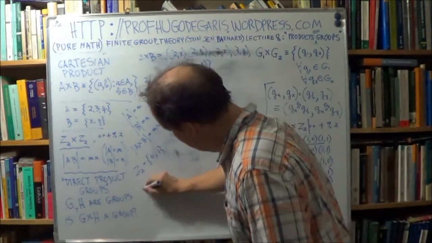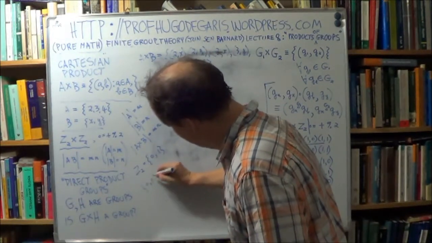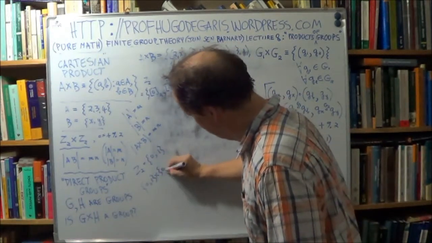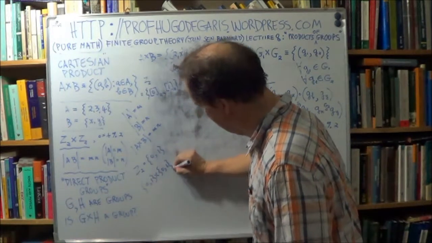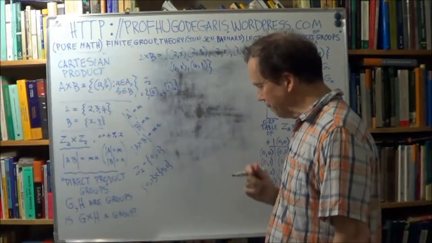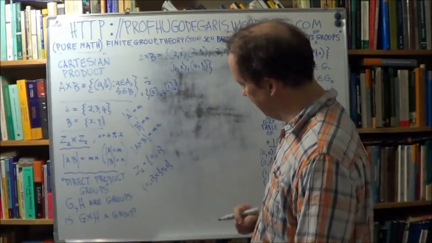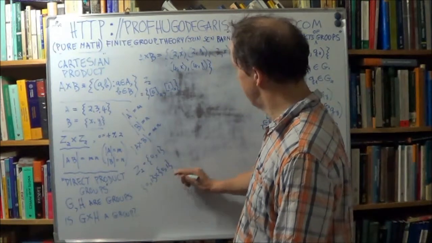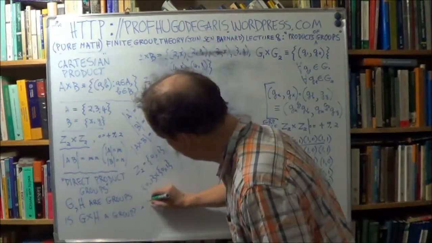So the Cartesian product of this set with this set, remember it's all possible ordered pairs. So let's write it out.